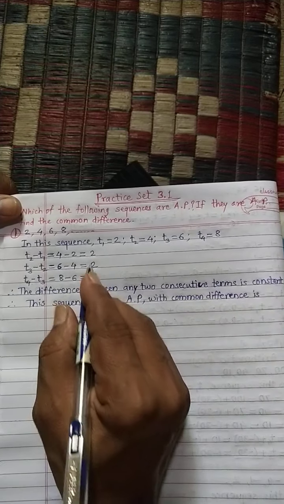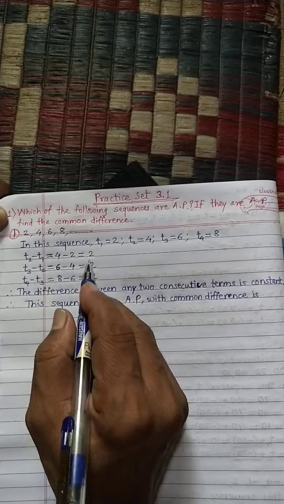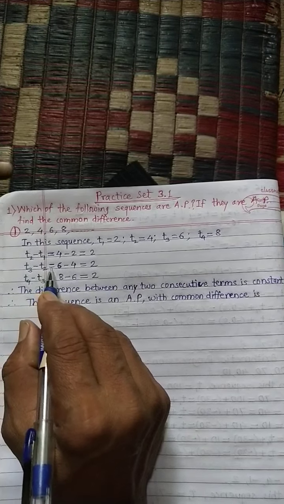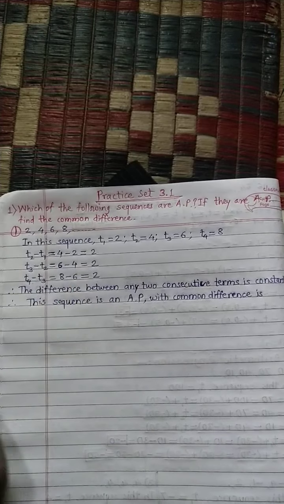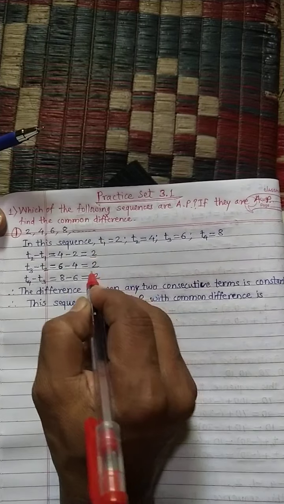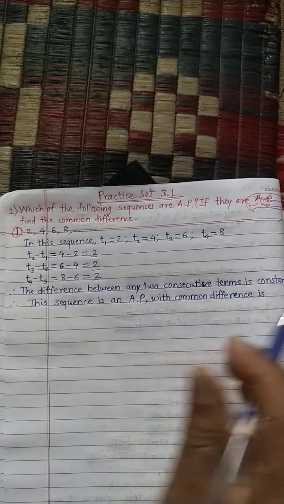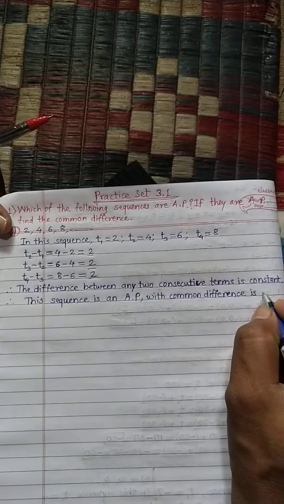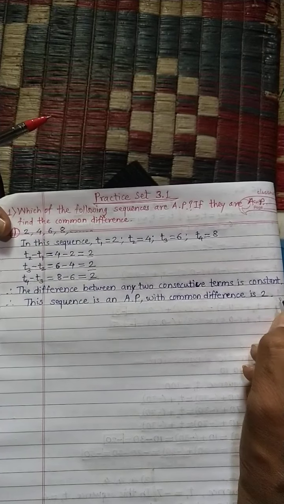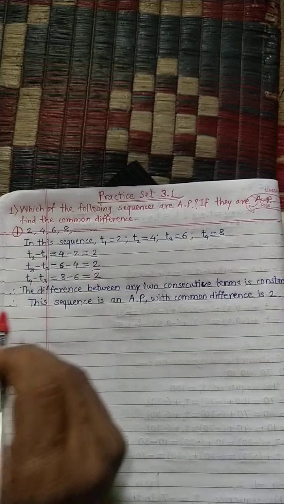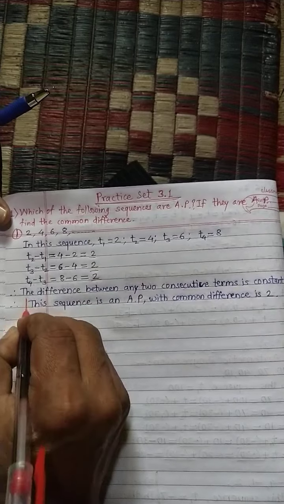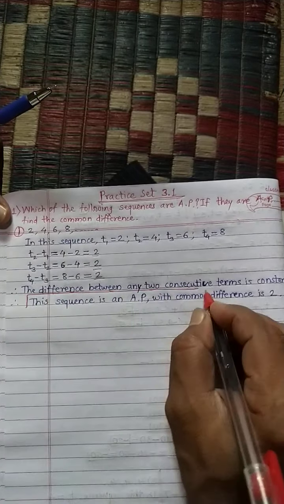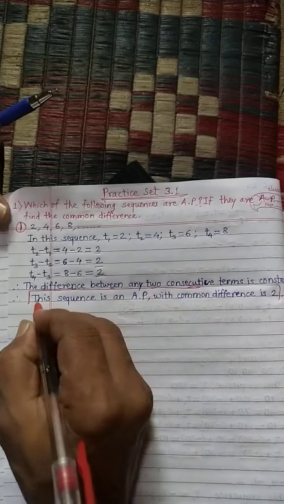Here you can see the common difference between any two consecutive terms is 2. So this sequence is an AP with common difference 2. Okay, so in this way we can write the answer of each example.